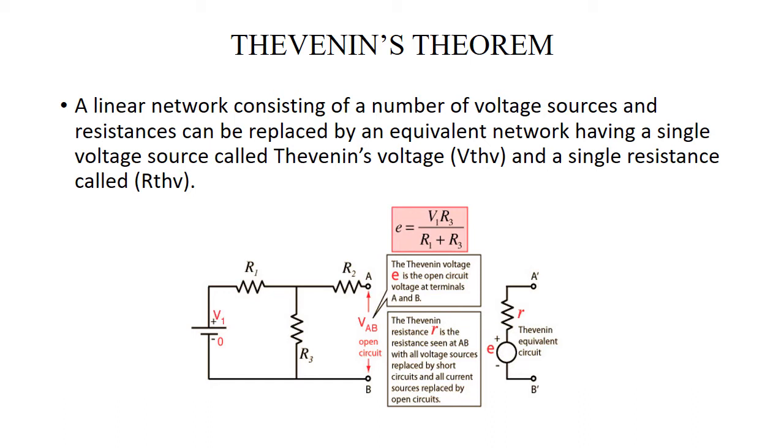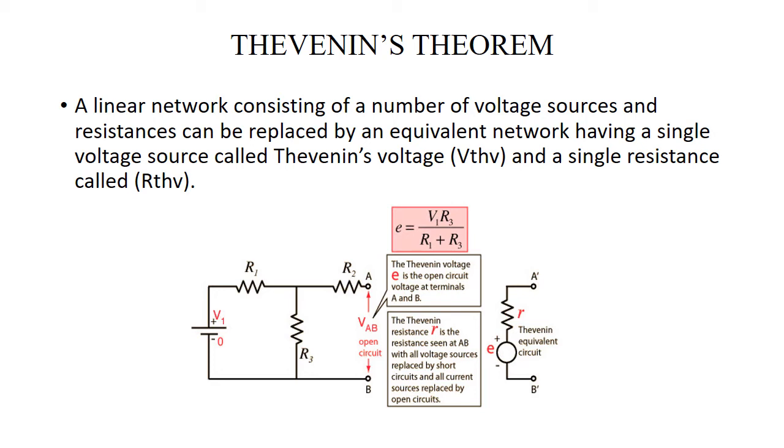Any bilateral linear active network can be reduced to a simple circuit consisting of Thevenin's resistance and Thevenin's voltage, which is connected in series with the load resistance. The steps for solving networks using Thevenin's theorem are: first, we have to disconnect the load resistance.